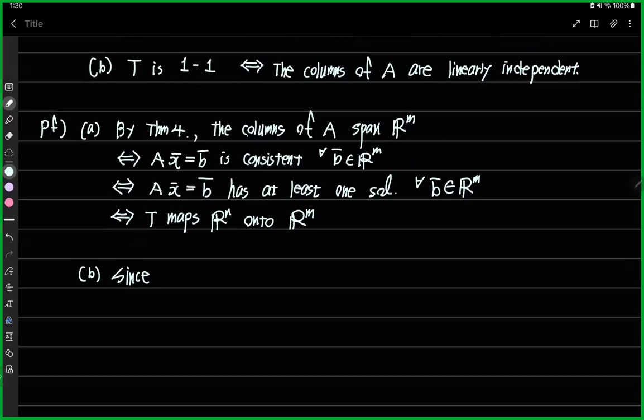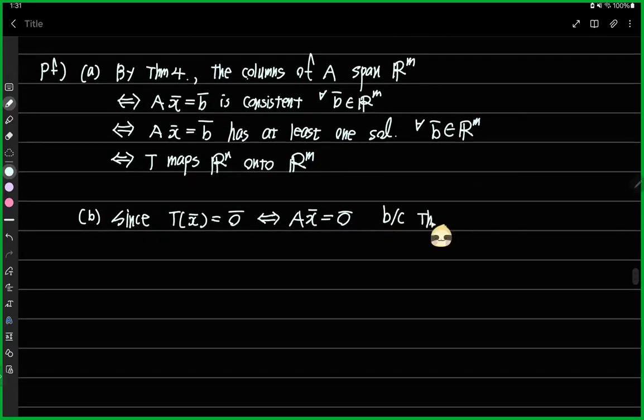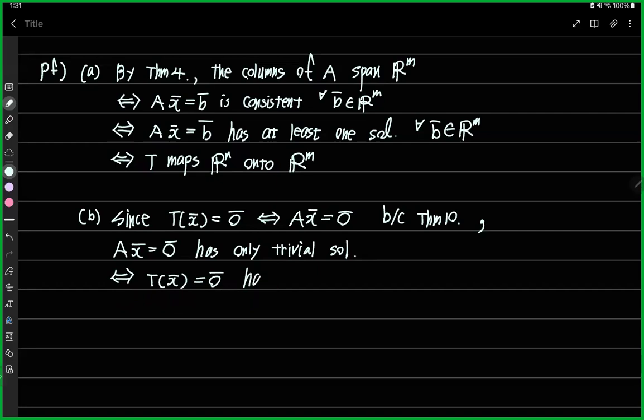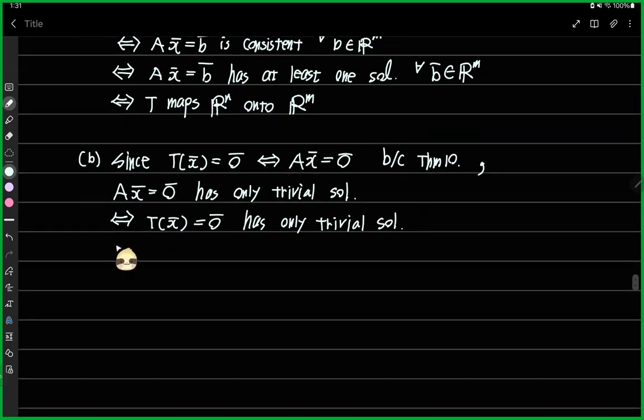We use the fact from Theorem 10: T of x bar equals 0 has only the trivial solution if and only if Ax bar equals the 0 vector, which is a homogeneous system, has only the trivial solution.